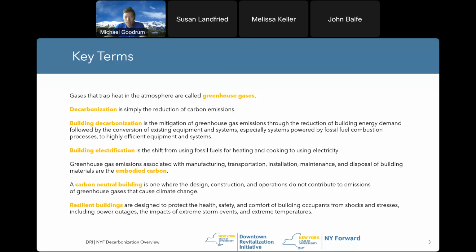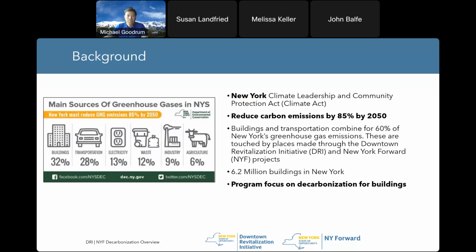And the last term in here, maybe moving beyond decarbonization, resilient buildings, and those are buildings that are designed to keep occupants safe, healthy, comfortable, especially during extreme events, power outages, things like that, which is becoming a more important consideration. And in most cases, decarbonization measures and approaches can help make a building more resilient.